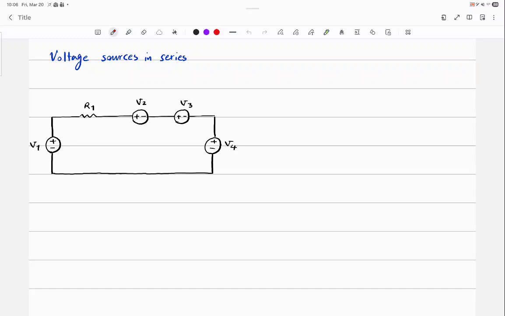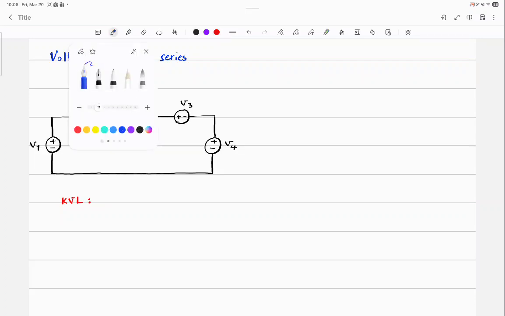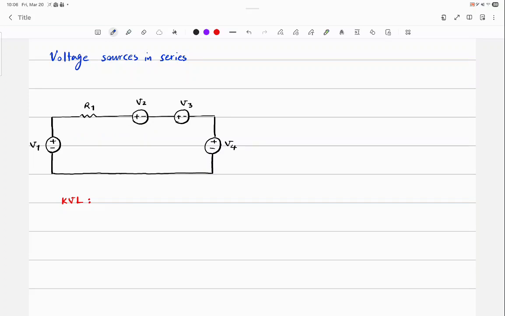As always, I'm going to ask, which equation is more suitable for this circuit? KVL, because we only have 1 mesh. So let me write KVL here. Before writing KVL, what should I do?